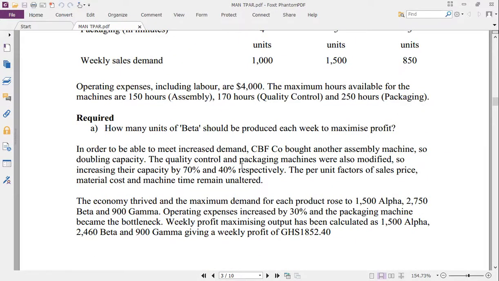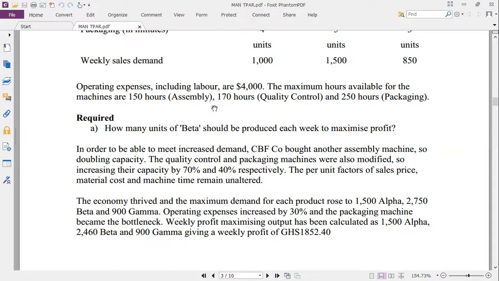The quality control and packaging machine were also modified, increasing the capacity by 70% and 40%. So packaging is 40%. Agreed. Good.